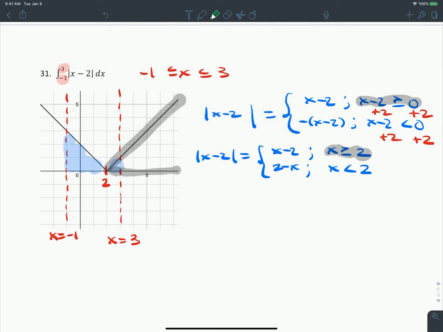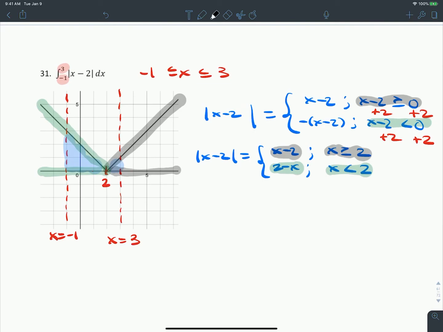We're also saying over here, for values of x that are less than 2, all these values of x here, use this left portion of the curve. This is why we say we have piecewise functions. They're defined in pieces. So the left is here, the right is here. We have two pieces.